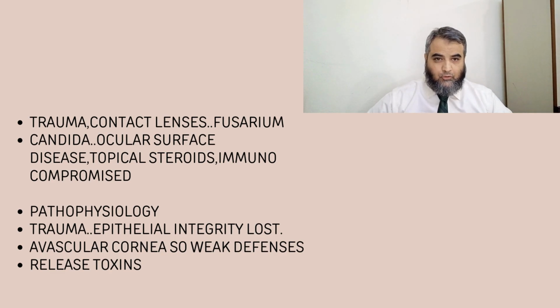The cornea, on the other hand, is an avascular structure with no blood supply, so it has weak defensive mechanisms. So these two things, the fungus entering into the stroma and going deep down, and the weak defenses of the avascular cornea, plus the release of toxins by the fungus, all contribute to the fungal infection, deep penetration, and causing more damage.